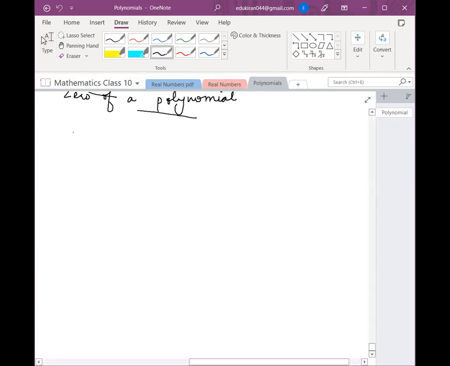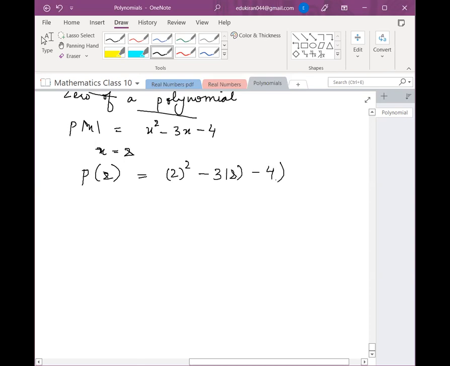For example, let's say I have a polynomial p(x) is equal to x squared minus 3x minus 4, right? Now, if I give some value to x, let's say I want to check for x equal to 2, wherever I have x, I'll put 2. So this will be p(2), which means at x equal to 2. So 2 squared minus 3 into 2 minus 4.